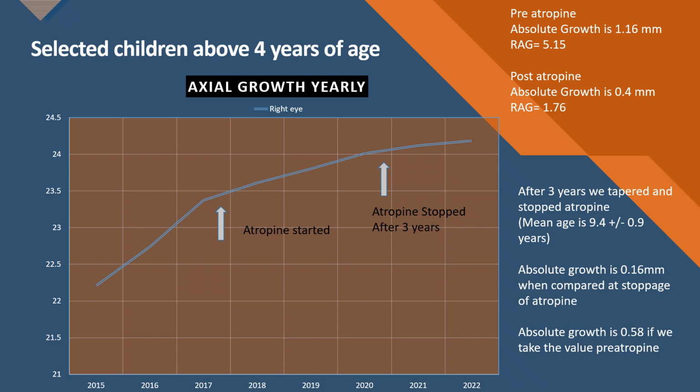This also proves that atropine can be used in the absence of lens, in the absence of accommodation. We continued this drop for 3 years because there were absolutely no side effects. And all these drops were started only after 4 to 5 years of age, not before that.